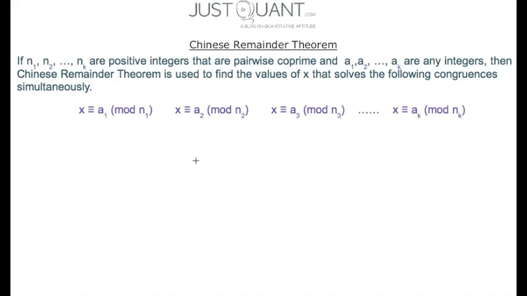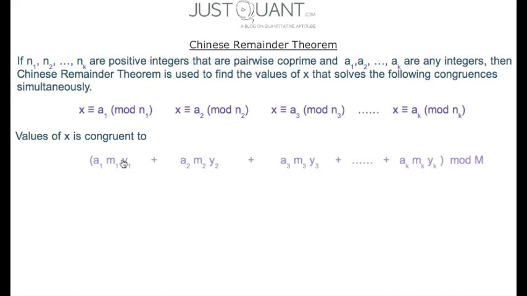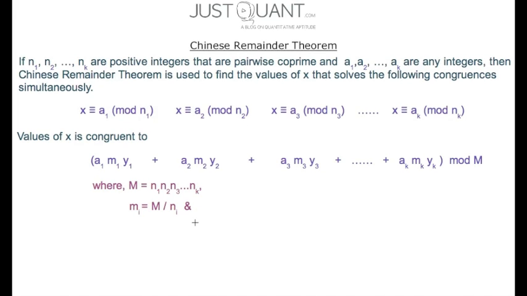As per the Chinese remainder theorem, the value of x is congruent to the sum of a1 m1 y1 and a2 m2 y2 and so on until ak mk yk mod m, where m is the product of n1 n2 n3 and so on till nk, and mi is obtained by dividing m by ni, that is m1 is obtained by dividing m by n1, m2 is obtained by dividing m by n2 and so on, and yi is obtained using the congruence mi yi is congruent to 1 mod ni.